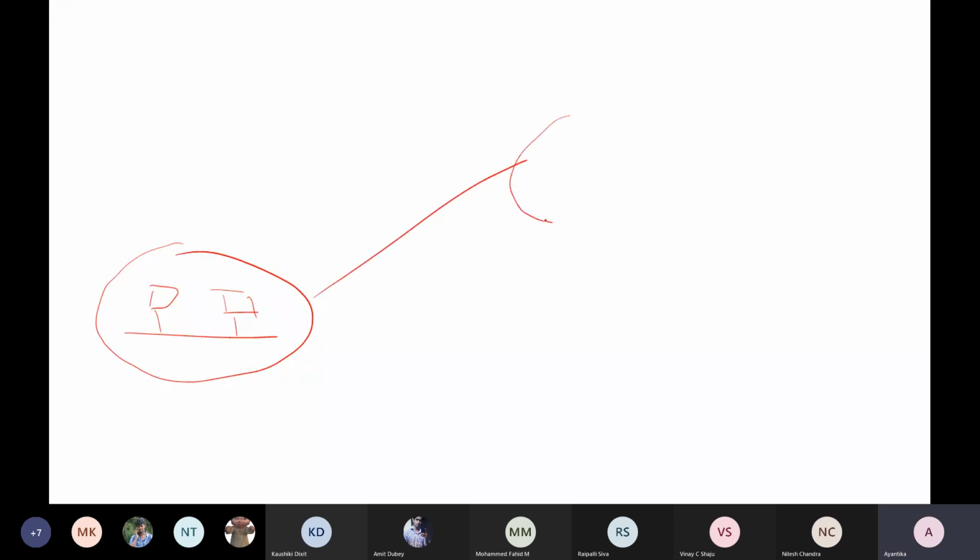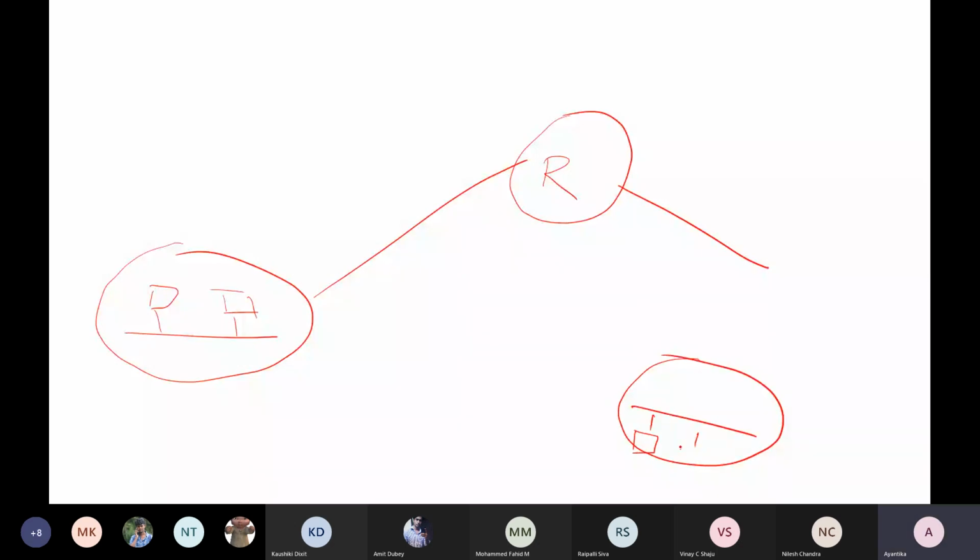You have one router here. Then you intend to go to some destination in some LAN here. Now this path may go through a single router, or maybe not, and this router, based on the path cost, we will actually discuss when we take the example of the link state algorithm.